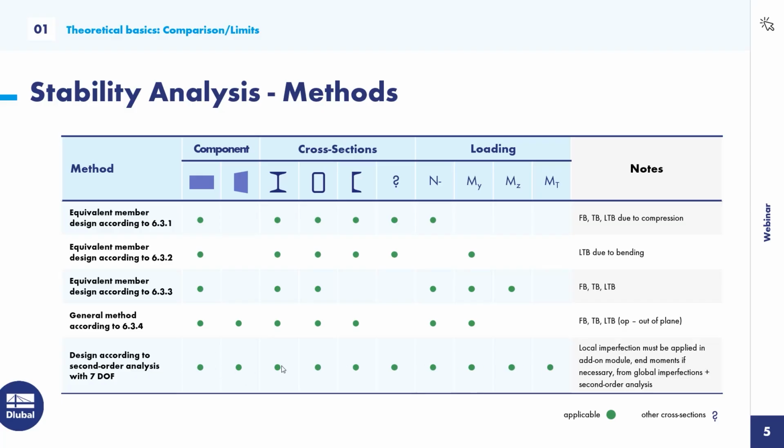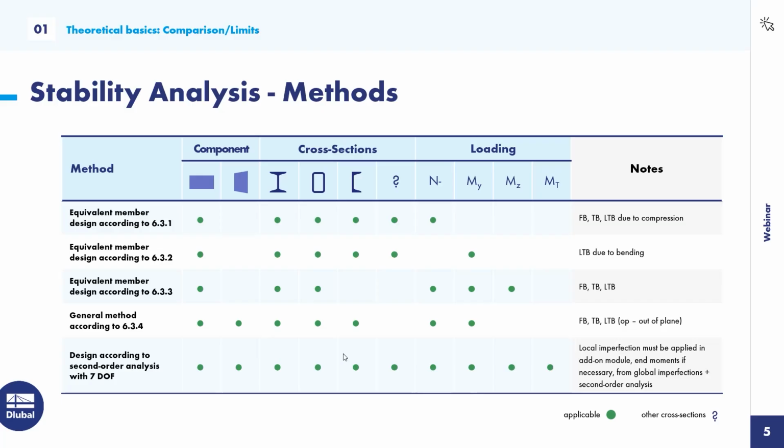Now you can see all is possible, uniform and non-uniform members, all cross sections, all internal forces, but imperfections must be applied and the second order analysis must be done, and the 7th degree of freedom must be considered. That means that we have to activate the warping torsion analysis.